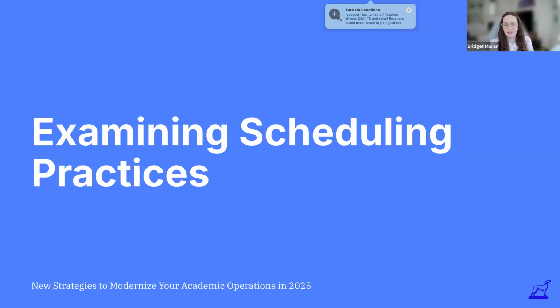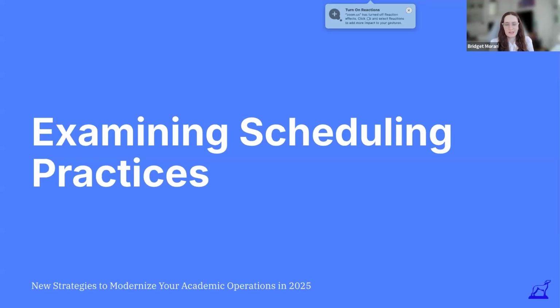Thanks, Claire. That was, I think, a really great overview of all the different functions in curriculum and how we can start thinking about them a little bit differently. So similarly, I want to now walk through the different functions that live under scheduling.